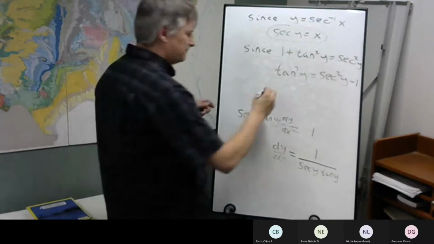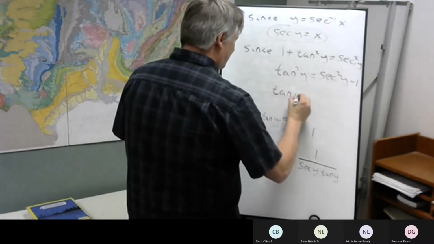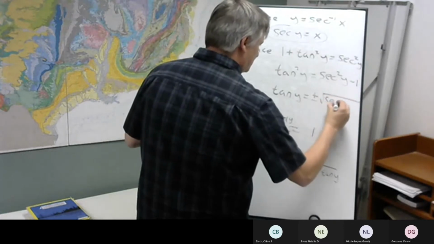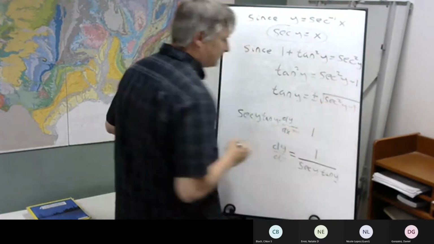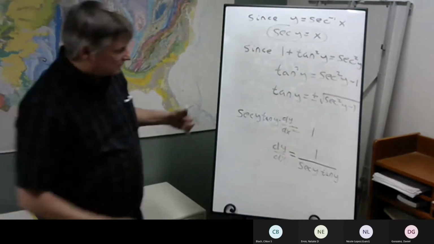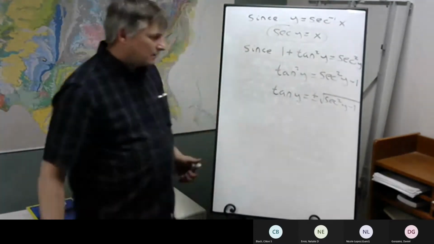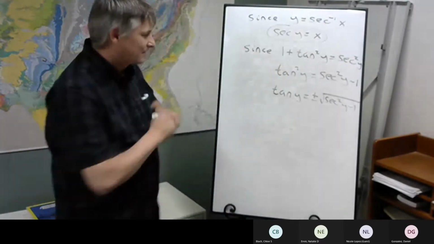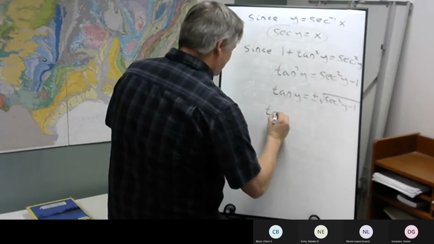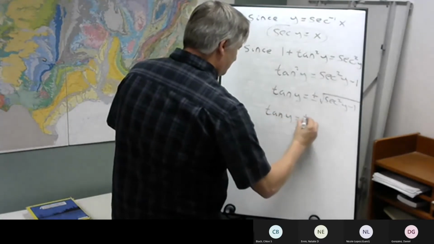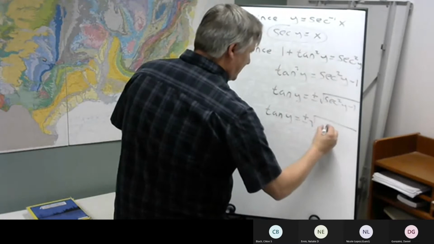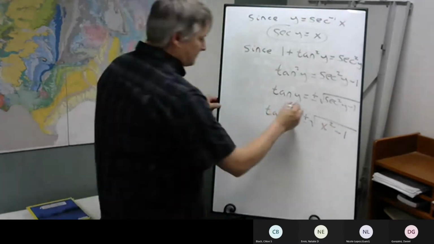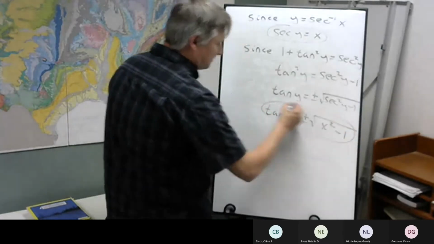And we're going to take the square root. So tangent y is plus or minus the square root of secant squared y minus 1. Well, good news. We do know what secant y is. It's x. So tangent y is plus or minus the square root of x squared minus 1. So we've got these two substitutions.